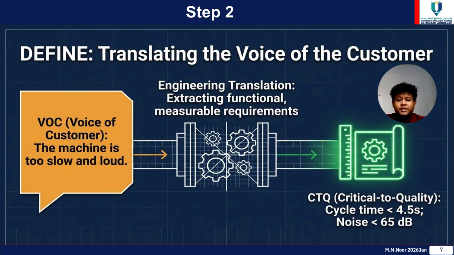We must perform an engineering translation to extract functional, measurable requirements known as critical to quality specs, or CTQs. In this scenario, too slow and loud is statistically translated into clear binary metrics: cycle time of less than 4.5 seconds and a noise level restricted to under 65 decibels. Now, we have definitive targets to measure against.